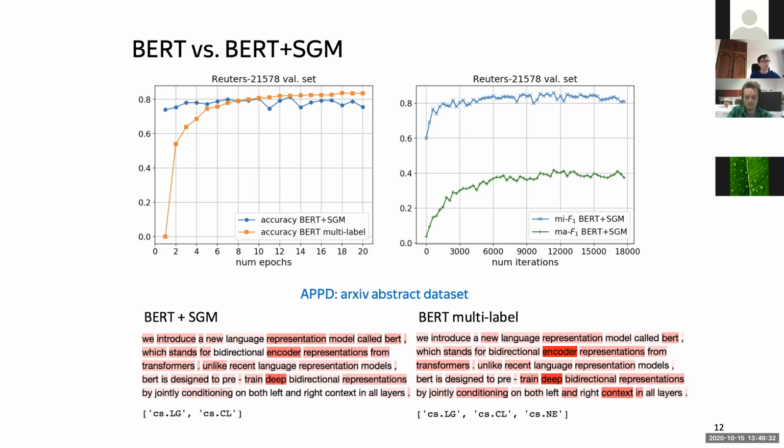In some tokens it's quite obvious, for example for the words encoder and deep, in both models it pays large attention to them. But for some other words and tokens, we can see that the distribution of this attention is different.